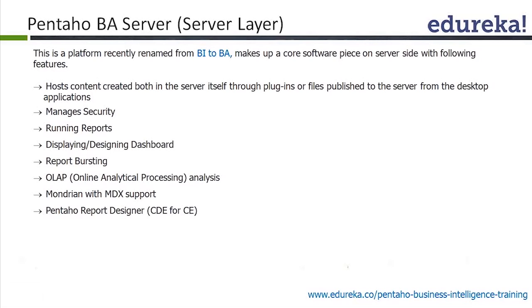PRD will connect to the server with the credentials and publish the report, so that server users will have access to the report. So content can be created on the server itself or published to the server from desktop tools like PRD.